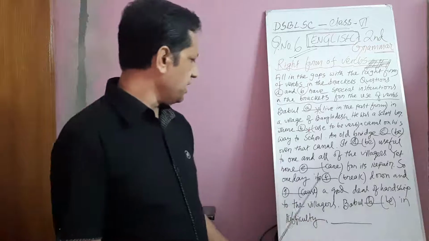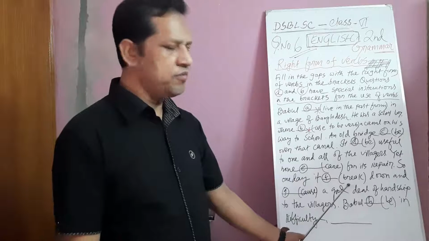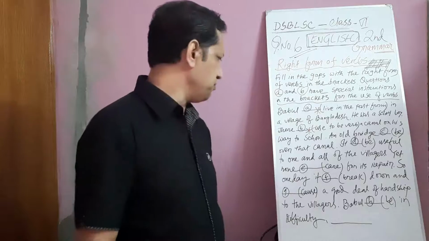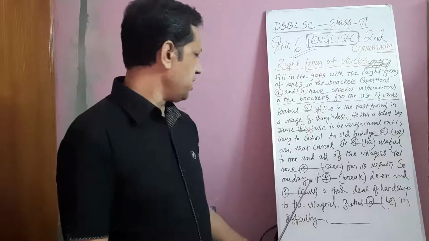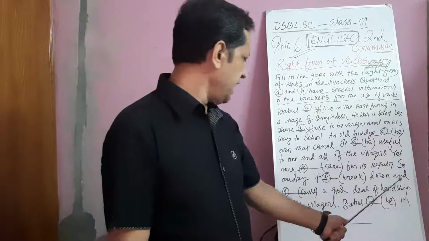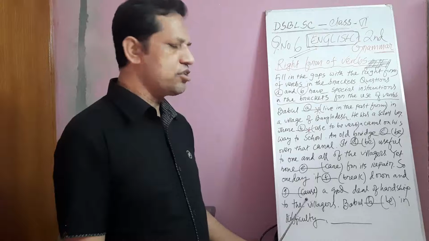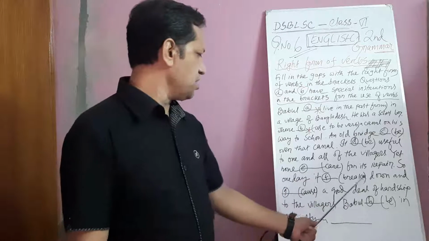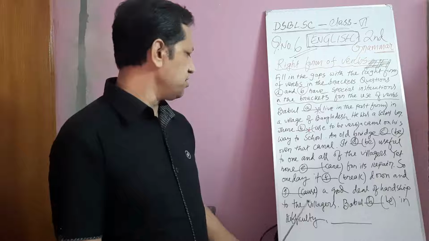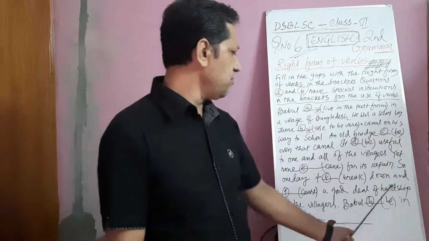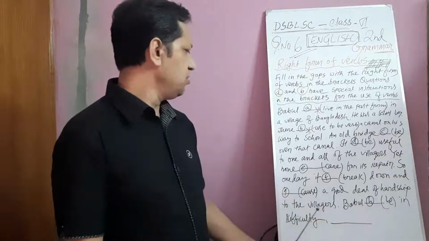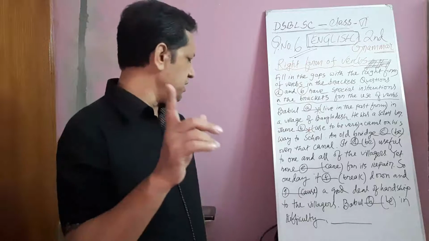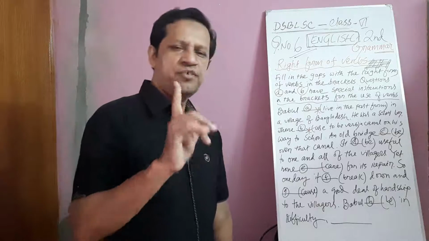So one day it, the past form of break would be what? Broke down. So one day it broke down and caused a good deal of hardship to the villagers. Babul, be, Babul was in difficulty.